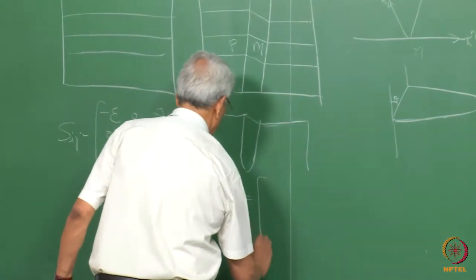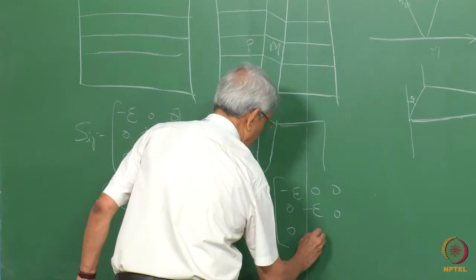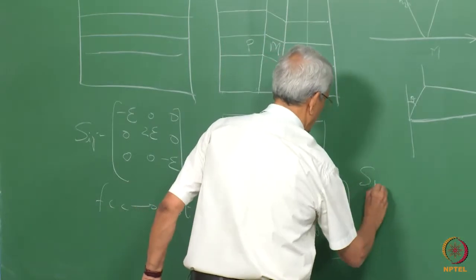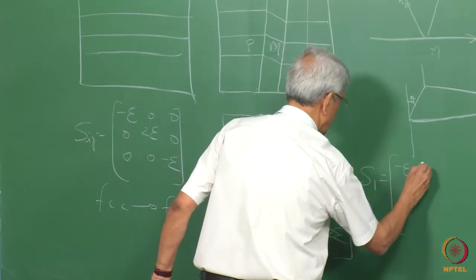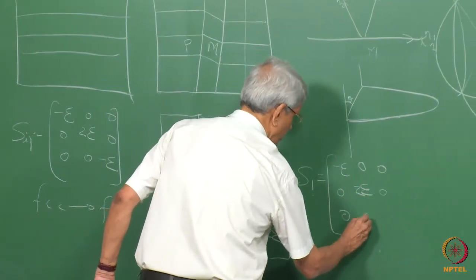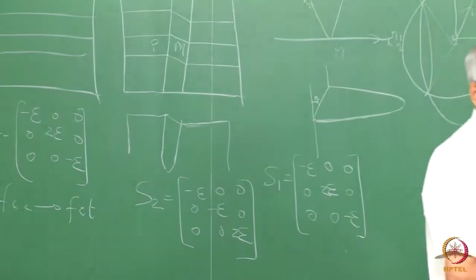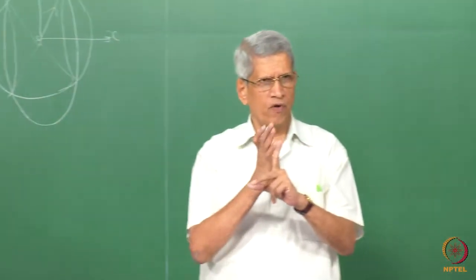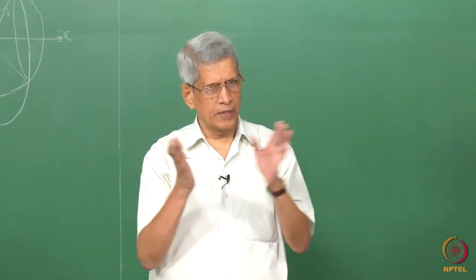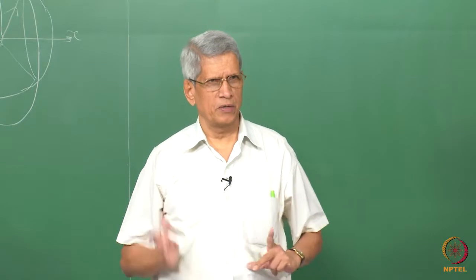For this structure, this is how the strain matrix becomes. For the other structure, the strain matrix becomes this. If these two structures are formed independently in two regions of a single crystal, when they come and join together, they will be twin related because the C directions are perpendicular to each other with an interface in between.